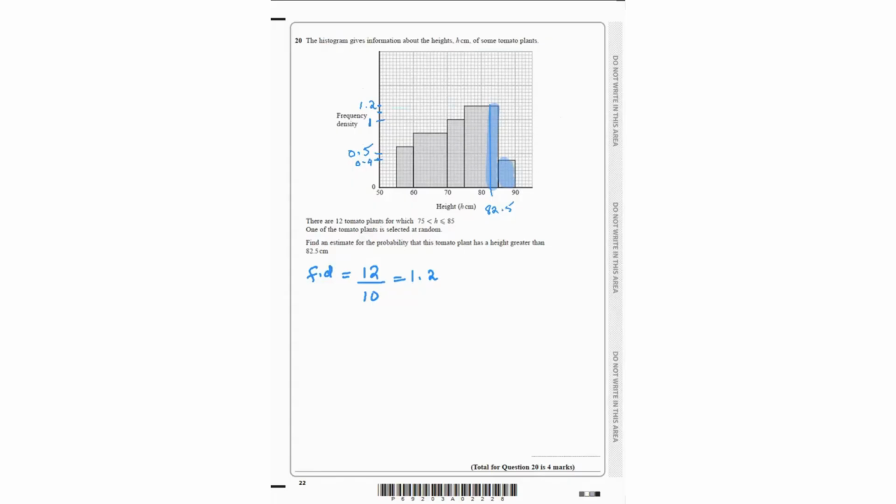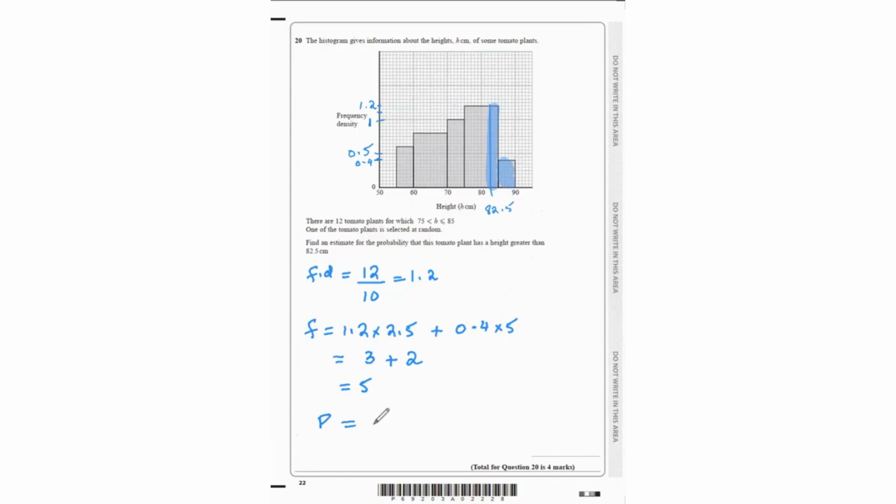Based on that, the frequency for this part, going from 82.5 to 85, is 1.2 times 2.5 because that's the class width, plus, for over here, it's 85 to 90, so 0.4 times 5 because 5 is the class width. So that's 3 plus 2, so that's 5. 5 is the total number of plants that have a height greater than 82.5.